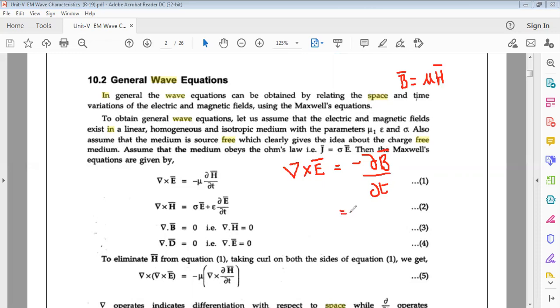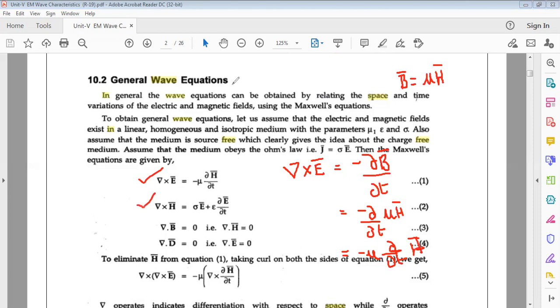Substitute B bar as mu H bar: minus dou by dou T of mu into H bar. Mu is a constant, so we write it outside: minus mu into dou by dou T of H bar. So from Faraday's law of Maxwell's equations, we got del cross E bar is equal to minus mu dou by dou T of H bar.